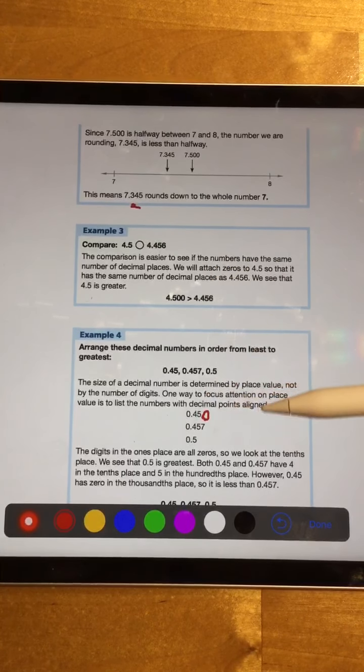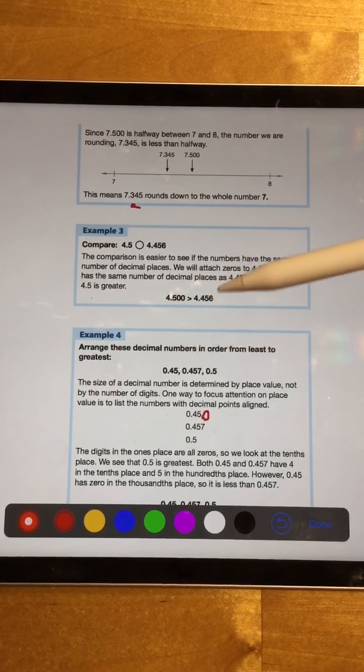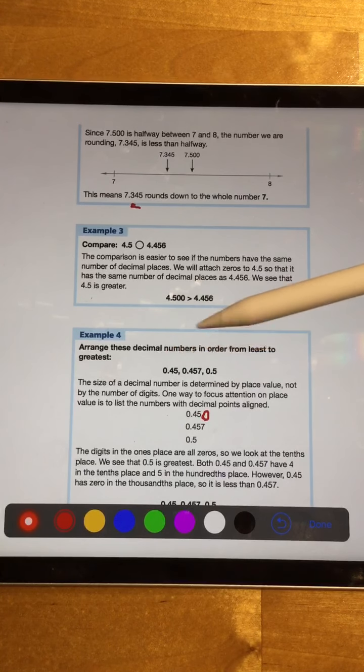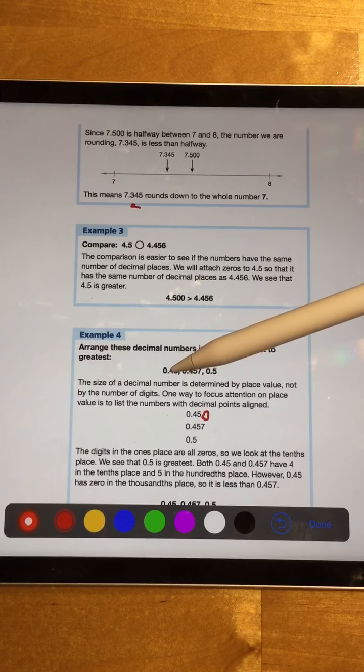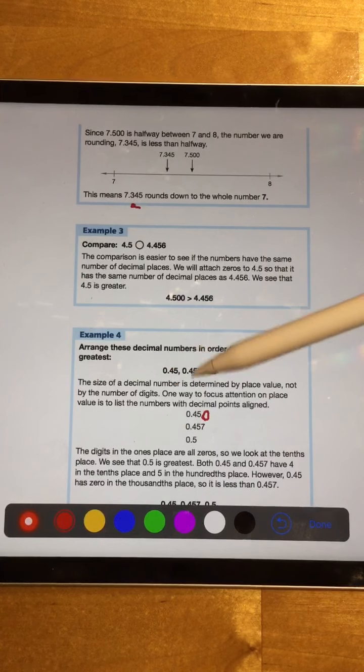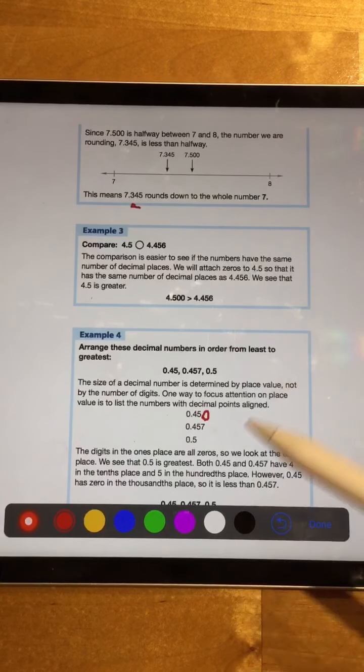So as you can see down here, I put the 0 as I am putting these decimal numbers in order from least to greatest. So here we have 45 hundredths, 457 thousandths, and 5/10ths. So I put a 0 there to help me organize these.